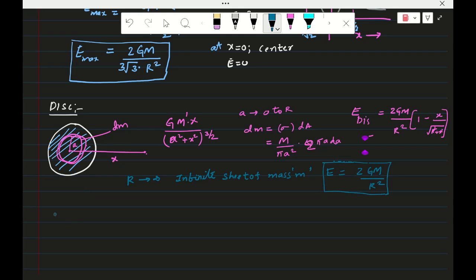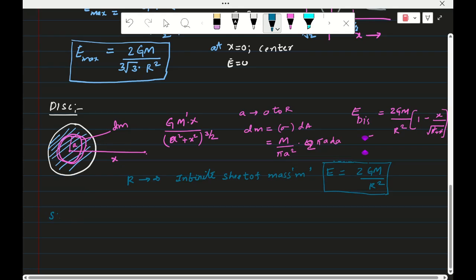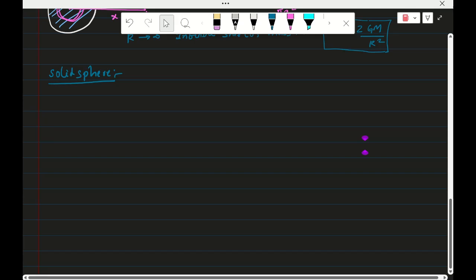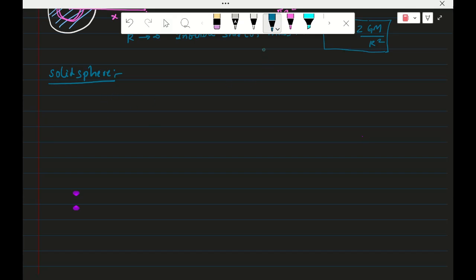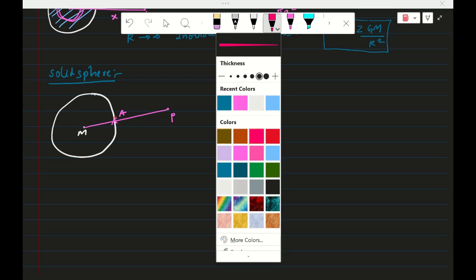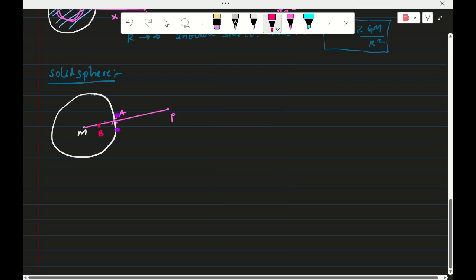Now, the field due to a solid sphere, the gravitational field due to a solid sphere. So now let's consider a solid sphere of mass m, and in this solid sphere, at point P, point A, and point B, masses are placed like that.